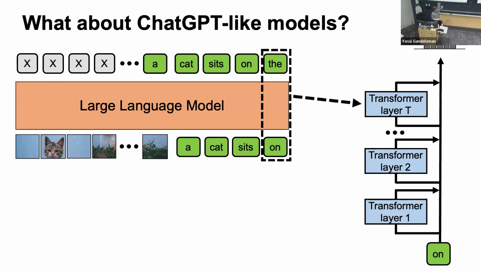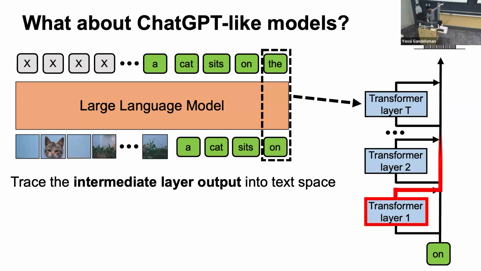And it doesn't output the representation, it outputs a probability distribution over the next word, right? So we can repeat exactly the same process. We can take a component and trace its contribution all the way to the output and say how much this component contributes to a specific word or to changing the distribution towards a specific word. And we can trace the intermediate layer output into the text space.